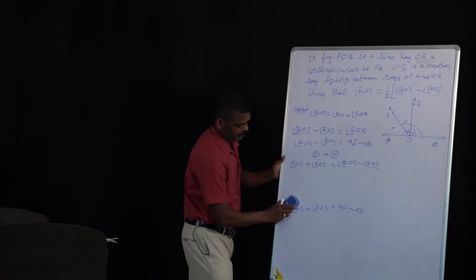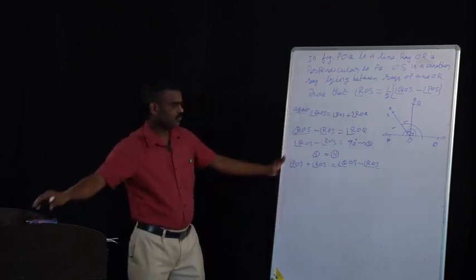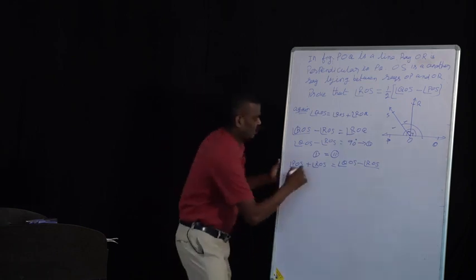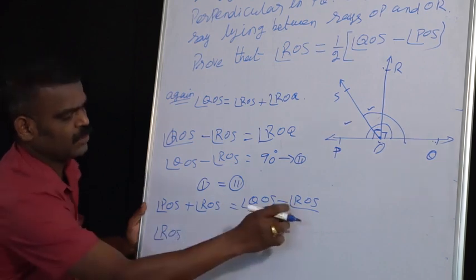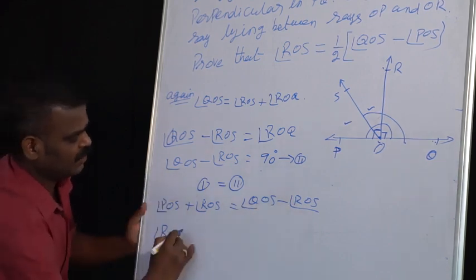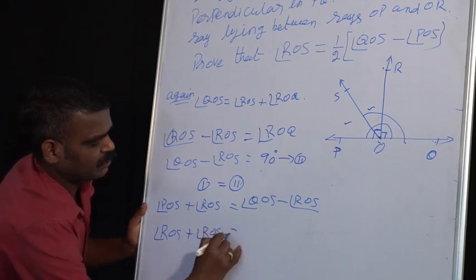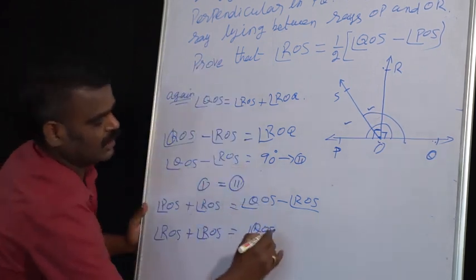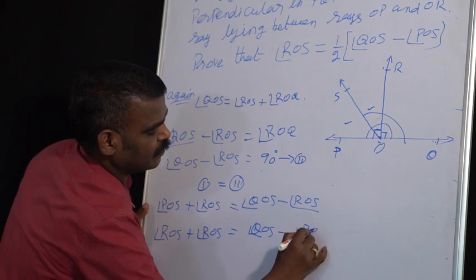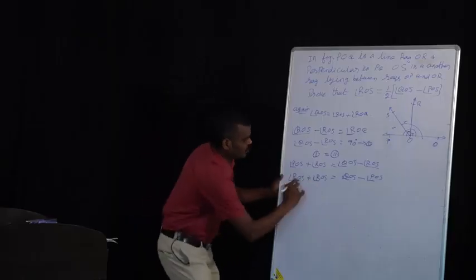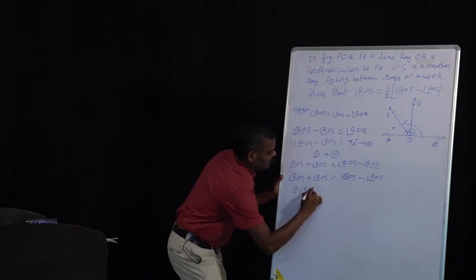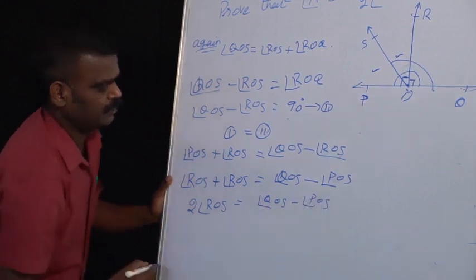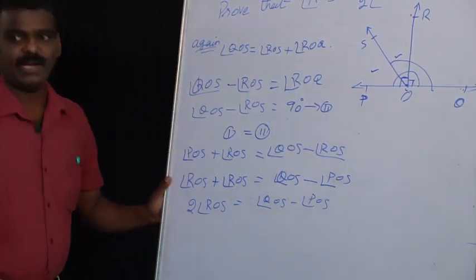Now I am cleaning this, okay. Now let us put all the ROS together. There is one ROS, there is one more ROS. You bring this side, this is minus; when it comes this side, it will become plus. QOS plus POS; when it goes to the other side, it will become minus. There are two ROS, one ROS plus one ROS. All numbers have one denominator, you know it, right?